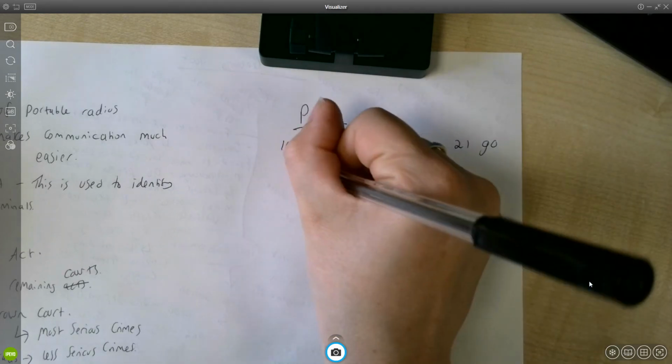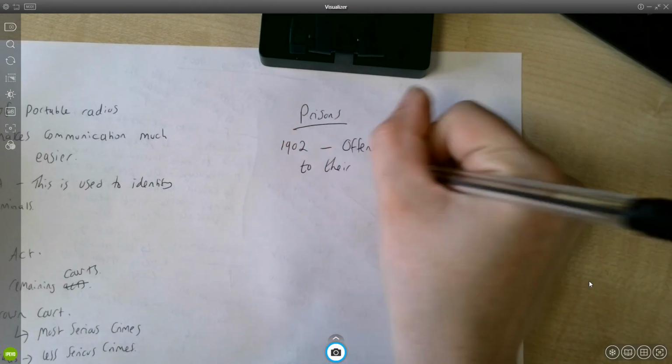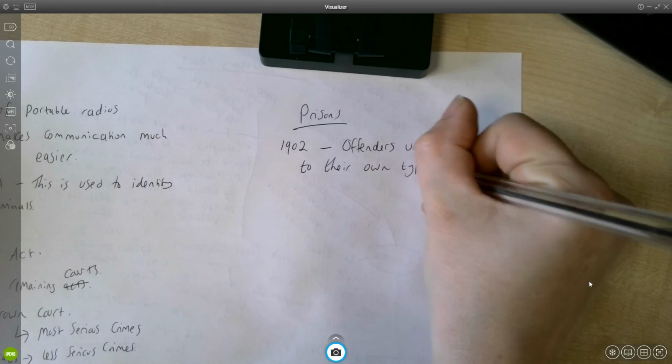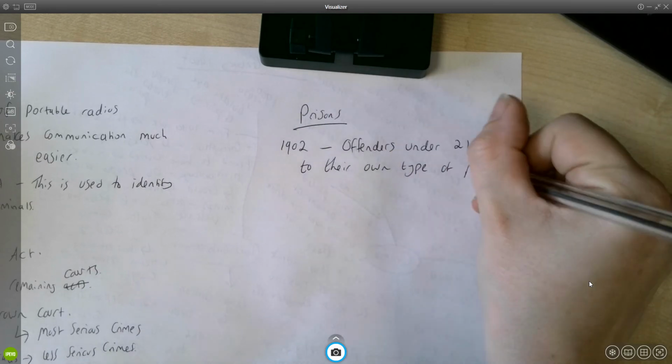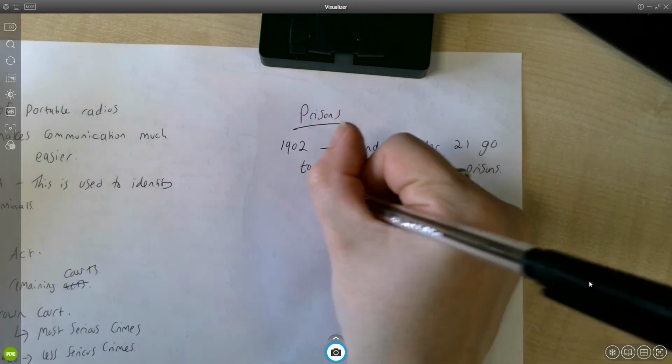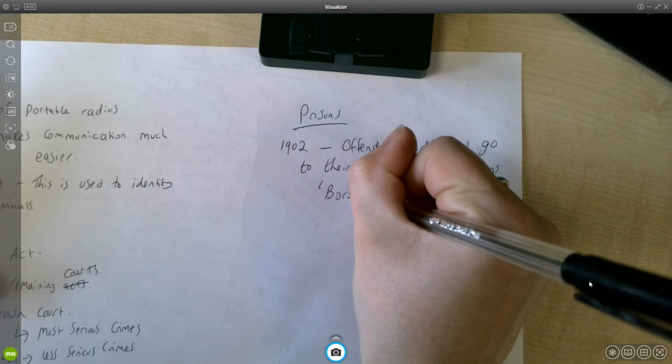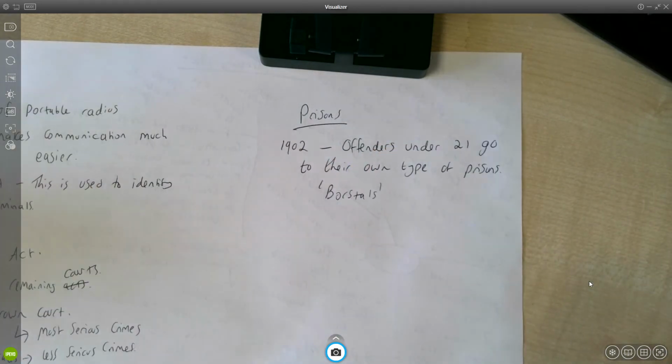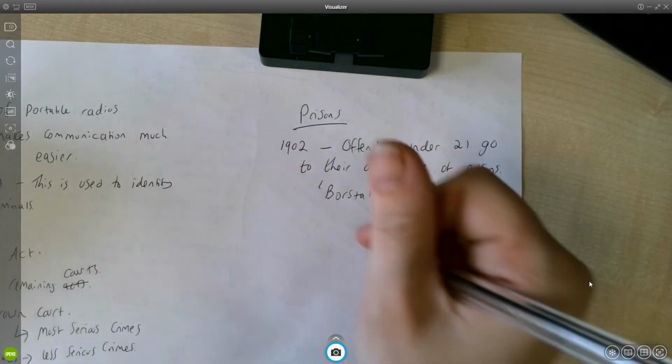Now it'd be called juvenile detention centres, but at the time they were nicknamed Borstals because that was the name of the first one.